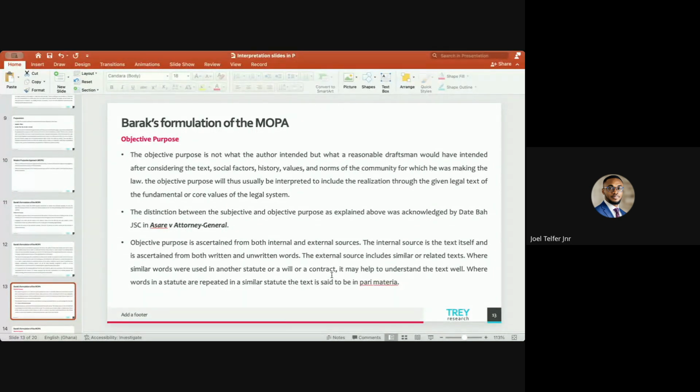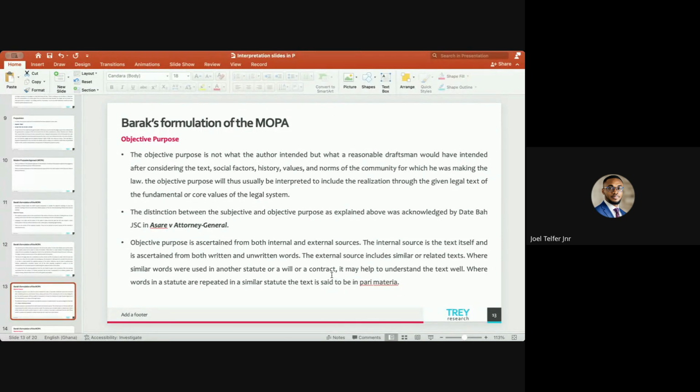Now, the objective purpose is not what the author intended, but what a reasonable draftsman would have intended after considering the text, social factors, history, values, and norms of the community for which he was making the law. The objective purpose is thus usually interpreted to include the realization through the given legal text of the fundamental or core values of the legal system.